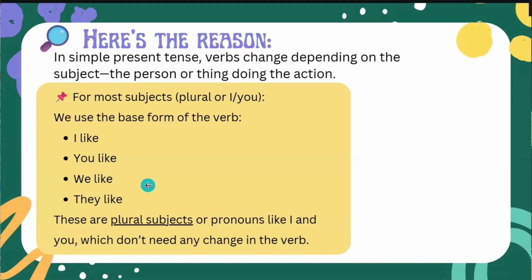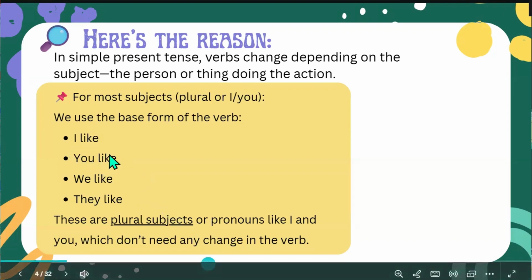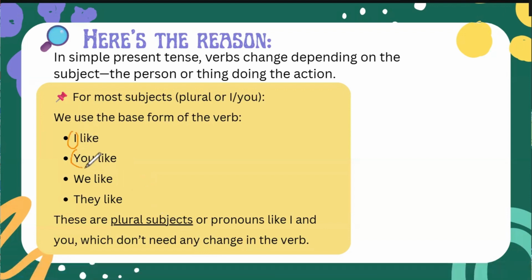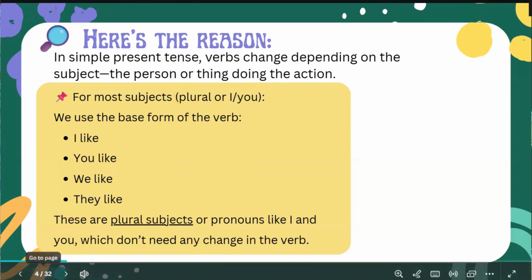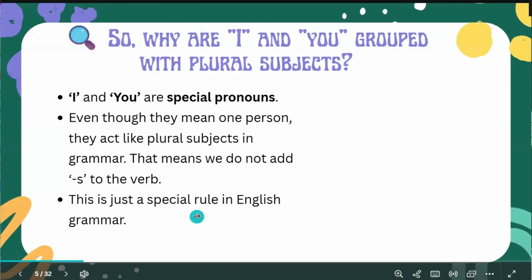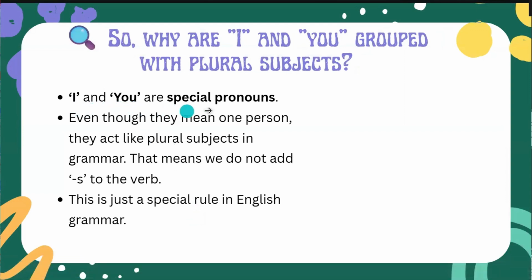So maybe you're thinking kung bakit ang words na I and you ay kasama sa plural. When you say I, ibig sabihin ikaw, which is nag-iisa ka, and that's singular, isang tao, pero bakit kasama siya sa plural? Okay, I will tell you why. So the words I and you are special pronouns. Special pronouns kasi ang words na I and you sa English grammar.